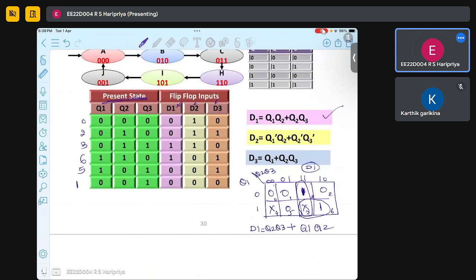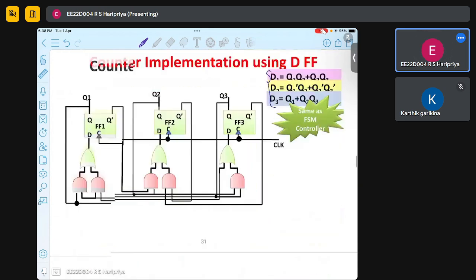Six is 1. T1 we are solving. Six is 1 and 3 is 1. So 3 and 6. This group should be Q1 and this as Q2. Yeah, this is correct.